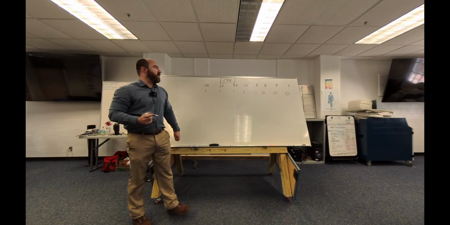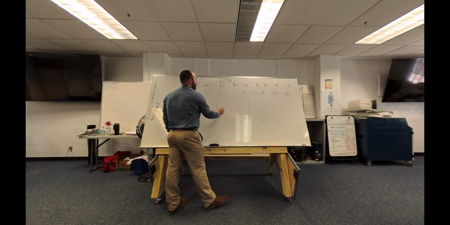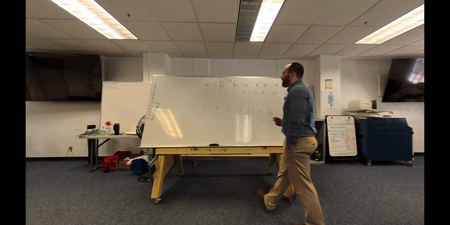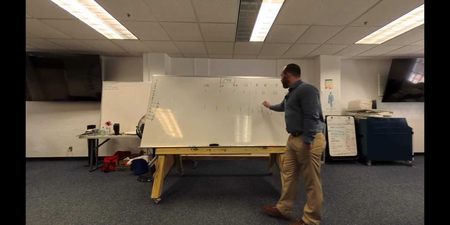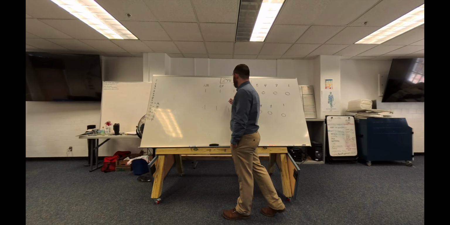For hexadecimal, we need to split it in half. 1, 1, 1, 1, 1, 0, 0, 0. For hexadecimal, my number line is 1, 2, 4, 8. Here, 1, 2, 4, 8.